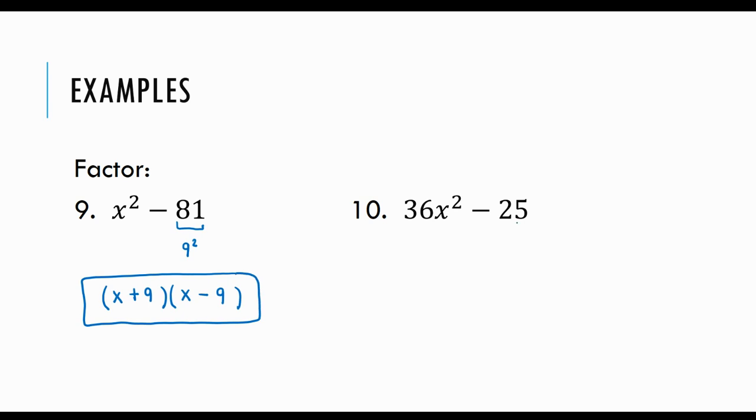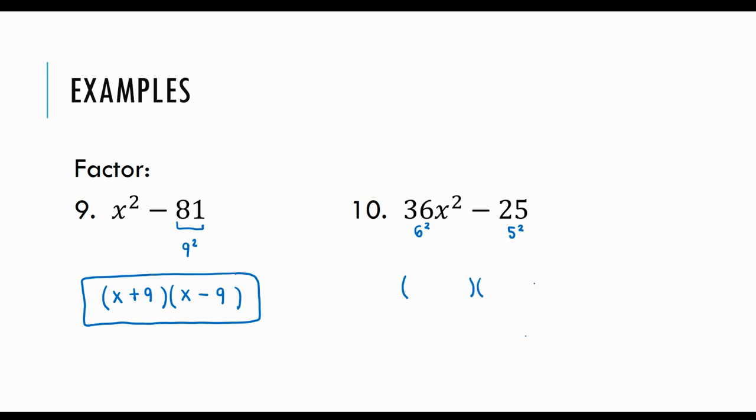36x squared minus 25. If I look to see if there's a GCF between a 36 and a 25, there's just no numbers that they have in common. So no GCF. But notice that 36, that's a perfect square. That's 6 squared. Notice that 25, that's a perfect square because that's 5 squared. So once again, we have this idea of difference of two squares.